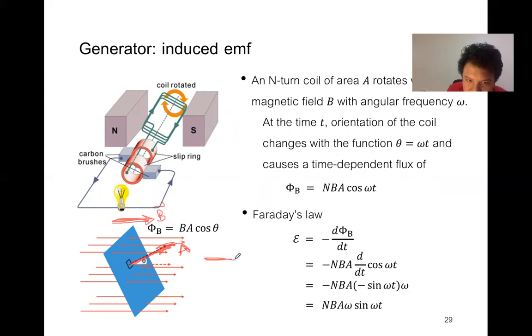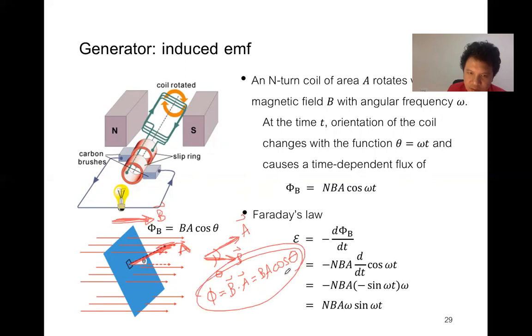When B is in this direction and A in this direction, making the angle theta, the magnetic flux is vector B dot vector A, which is BA cos theta, right? BA cos theta.